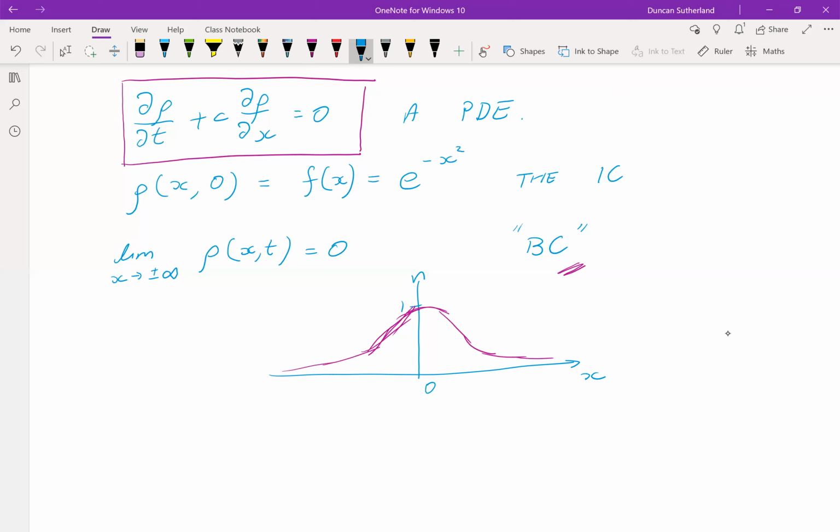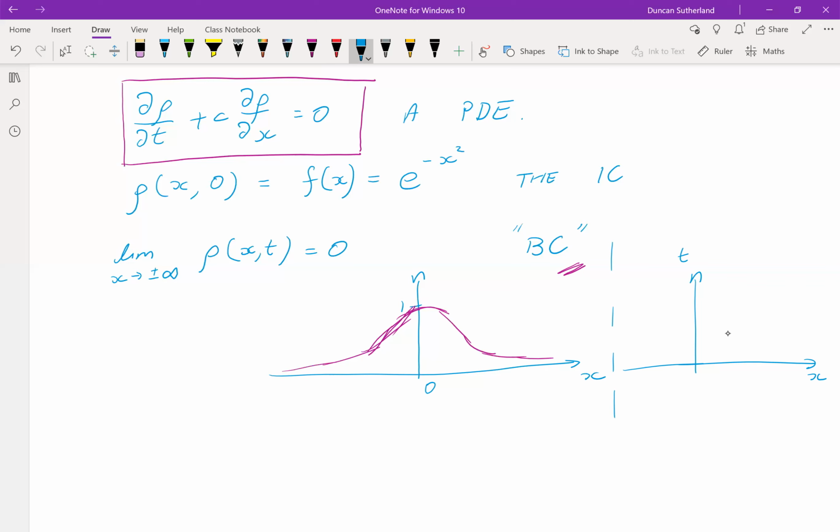To solve this partial differential equation, we're solving in xt space. So this is our domain of interest. We want a solution from time equals 0 and every possible spatial coordinate.